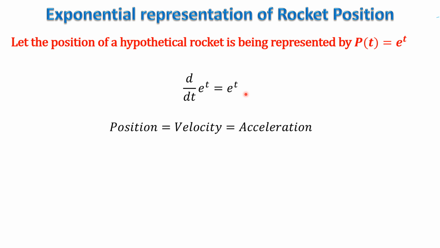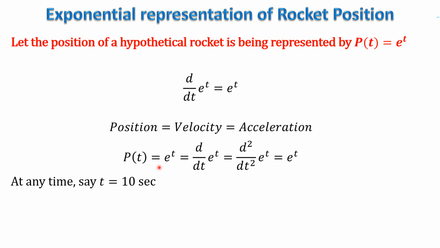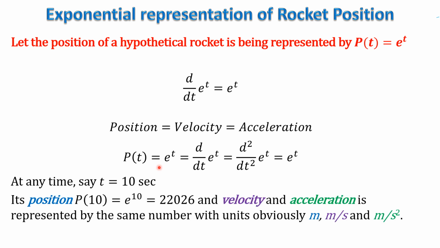So this leads to a very funny situation where position, velocity, and acceleration are all represented by the same function e to the power t. At any point of time, position can be defined. For t equal to 10 seconds, e to the 10 will be 22026. This same number will represent not only position but also velocity and acceleration, but obviously with different units: position in meters, velocity in meters per second, and acceleration in meters per second squared.